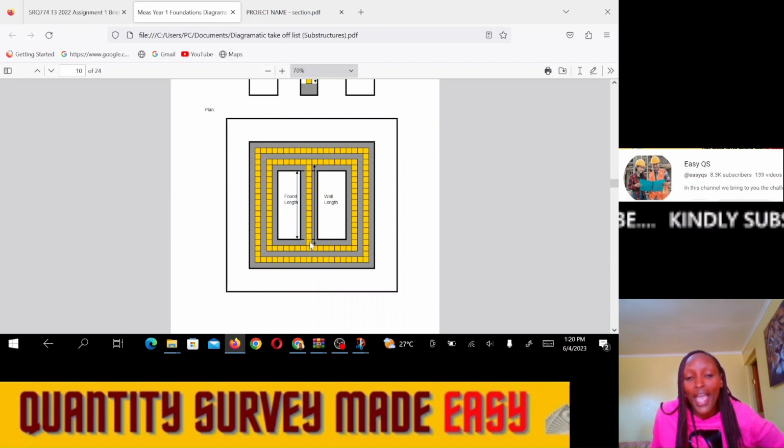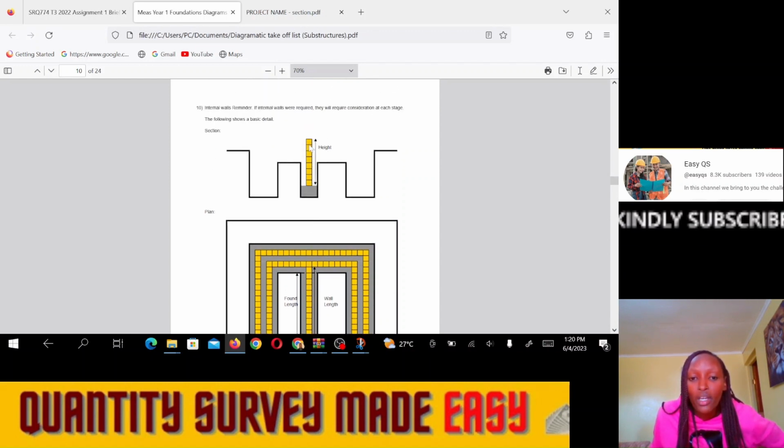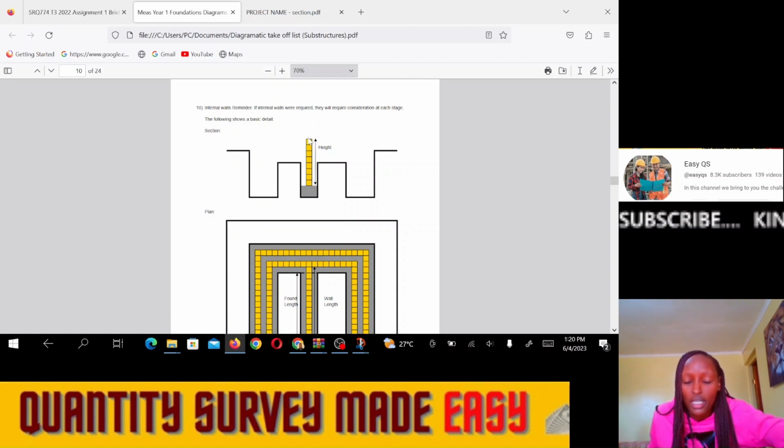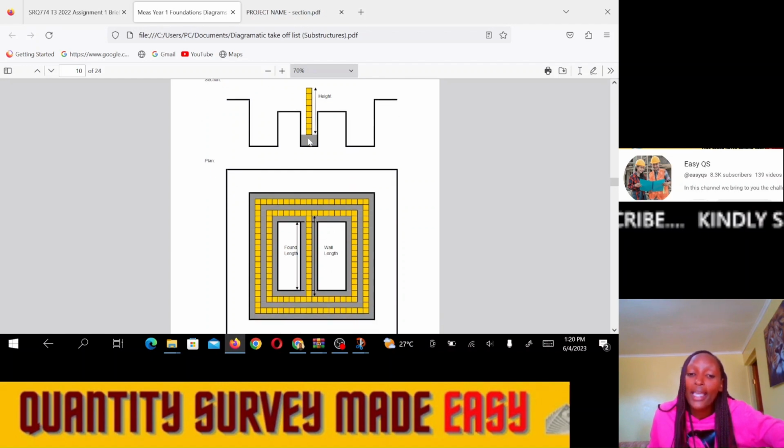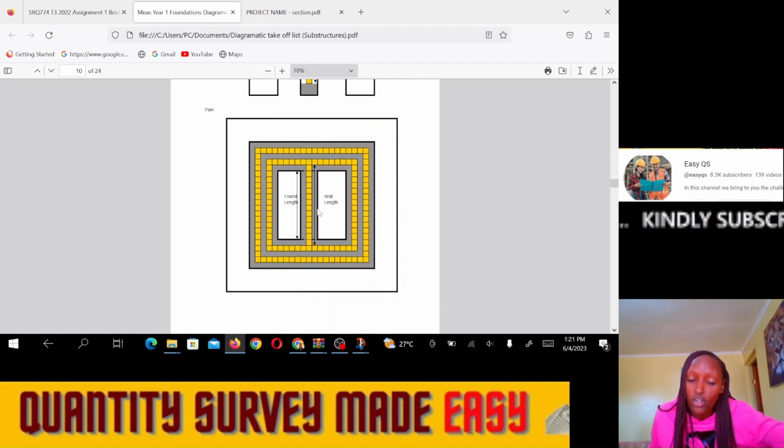So this length is the one that we shall be measuring. Then we shall multiply by the height up to where it reaches the DPC. The height of the wall is from above the concrete to where it reaches the DPC. But the height of the foundation of the internal trench is from the depth of the foundation to the reduced level.